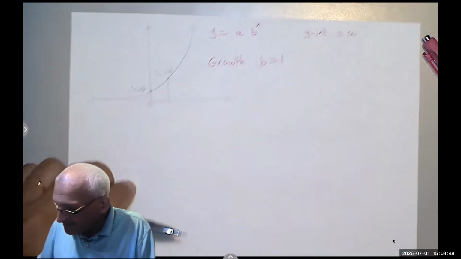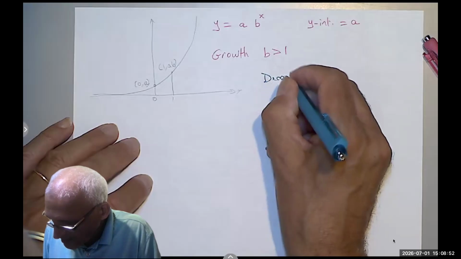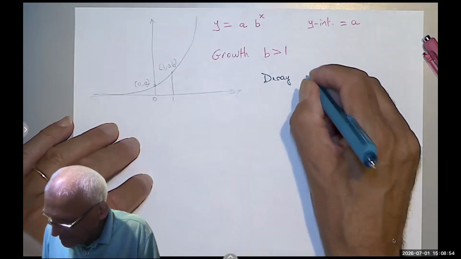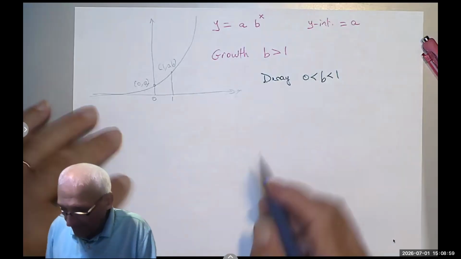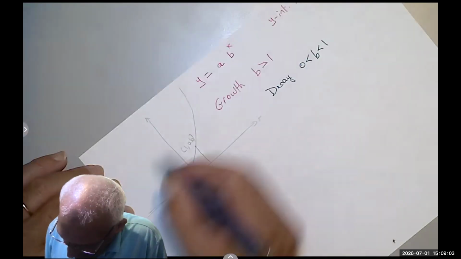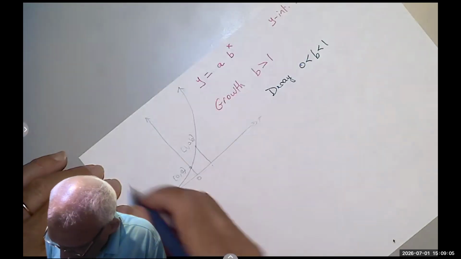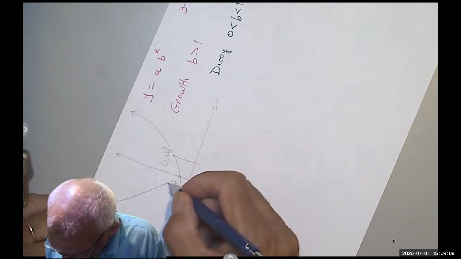But if b is between 0 and 1, if b is greater than 0 and less than 1, we say that's a decay. And my function, with the same a and b values, would be symmetric about the y-axis, so it would pass through this point.